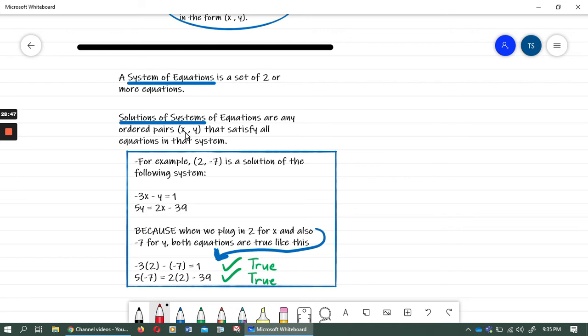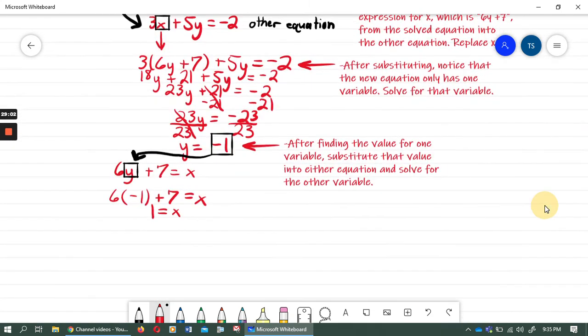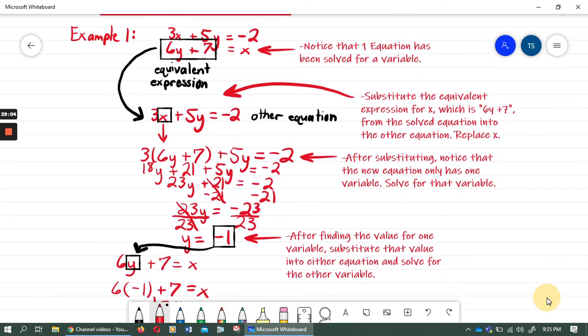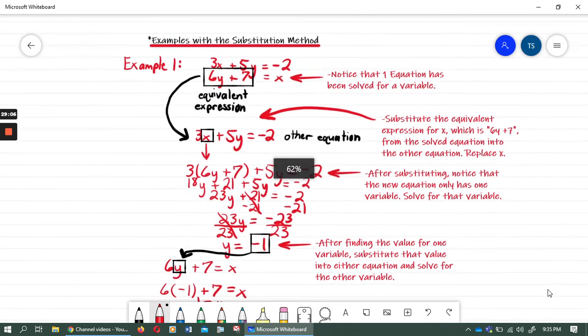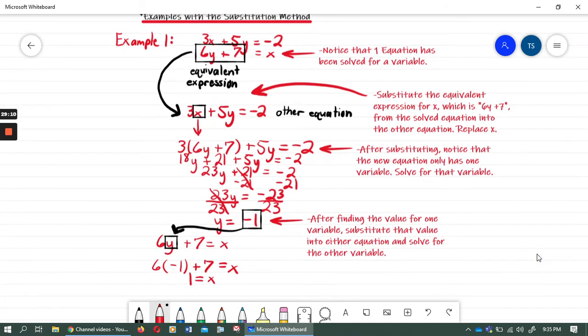I said that it's in the form of an ordered pair, with the parentheses. You have to write the solution as an ordered pair. If it's not written as an ordered pair, I don't know that that's a solution. I'm just going to go ahead and tell you.